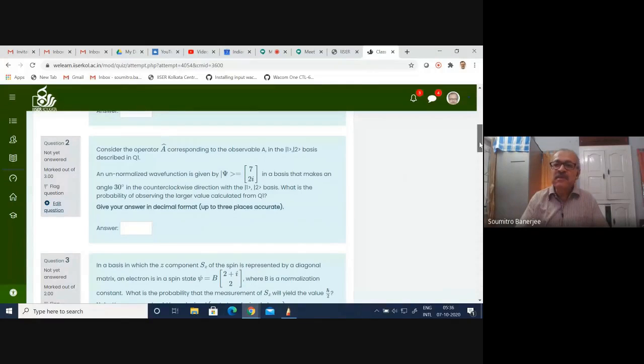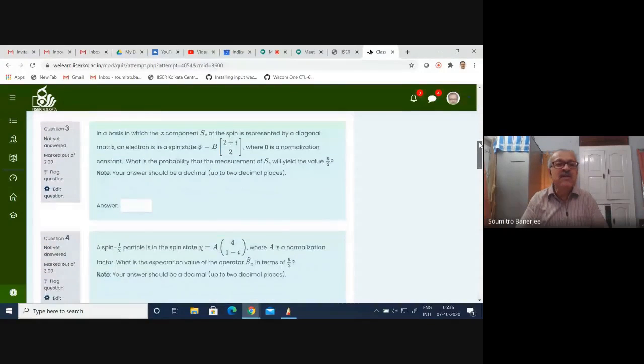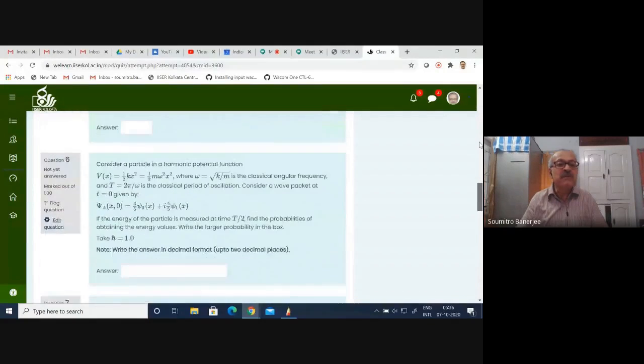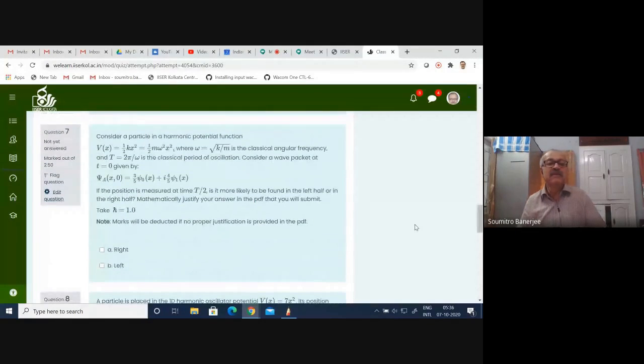The second problem the TAs requested me to deal with was problem 7. Here, the state is given at time t0.